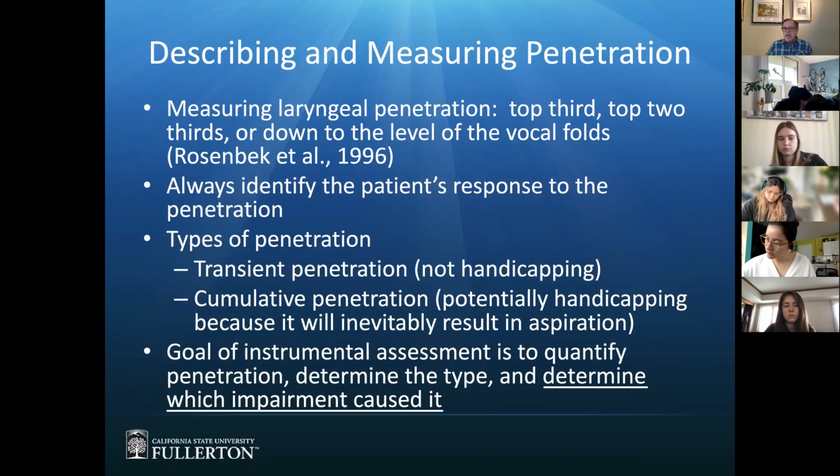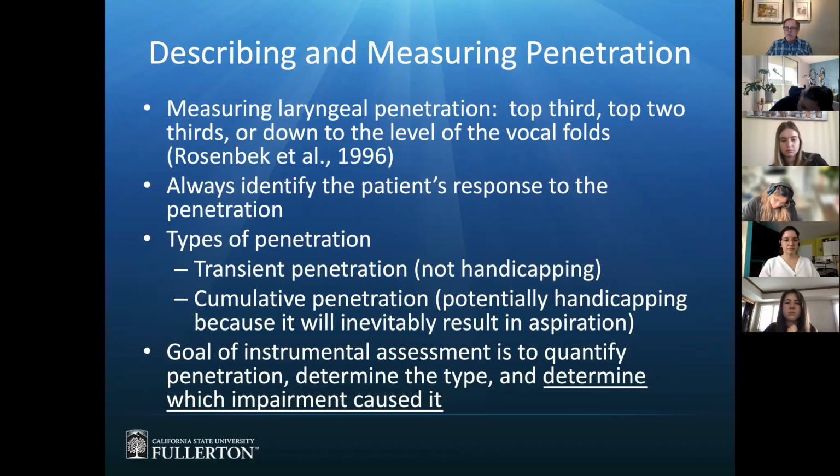And that comes from a study done by Rosenbek in 1996. Generally when we see it occur, that's how we label it. We say the patient penetrated into the top third of the larynx with thin liquids, but not with honey thick liquids, for example. So it's how far down it goes, measured in those thirds.